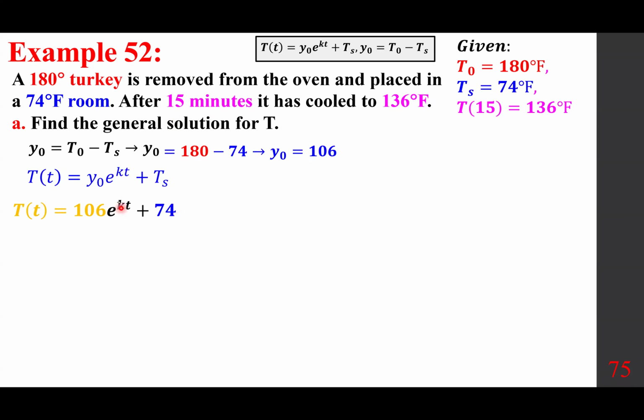except k is missing. So T of 15 is 136. If I replace the lowercase t with 15 minutes, same thing here, then I should be able to calculate the k.